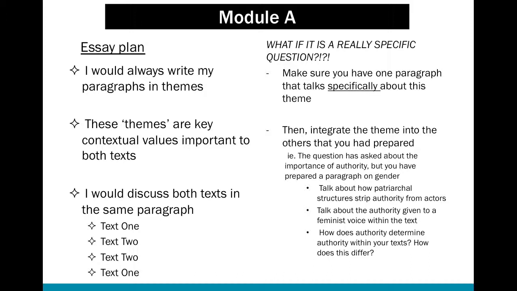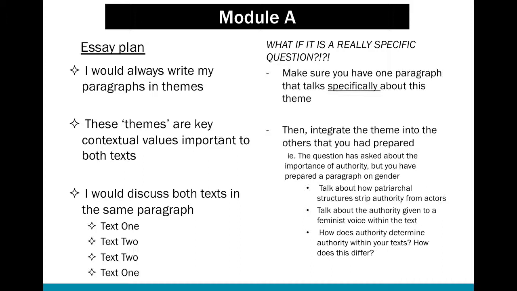For example, if the question had asked about the importance of authority, but I had prepared a paragraph on gender, I would link these two themes and then write about that. I would talk about how patriarchal structures strip authority from actors.